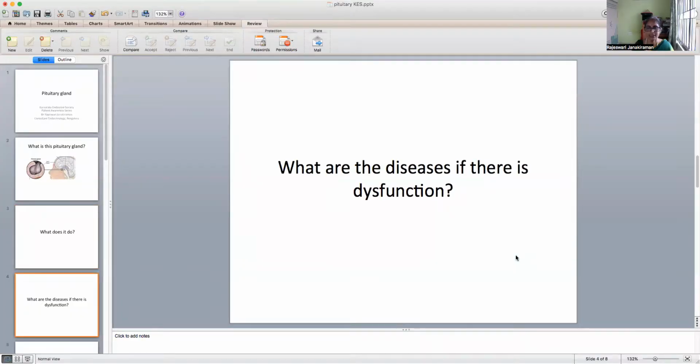So next, what are the diseases if there is any dysfunction? To some extent, I have explained to you what deficiencies of these different hormones can cause. Like the growth hormone, they can be short, all that. However, sometimes when a deficiency happens in the pituitary gland, because it's such a small gland, if any problem happens, multiple hormones can be affected also.